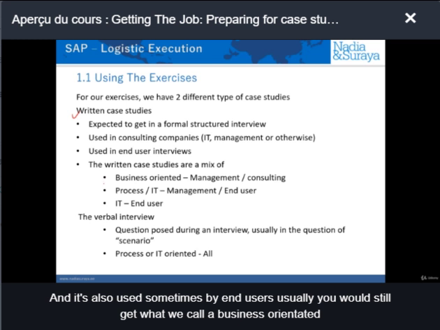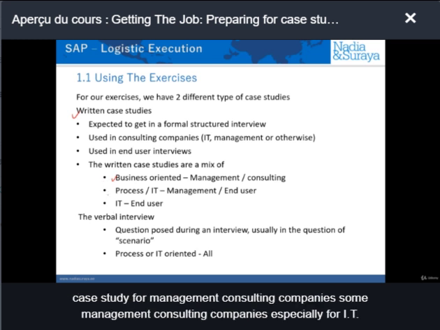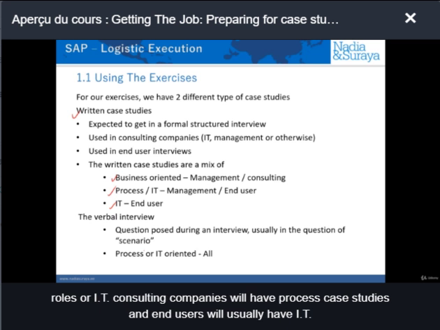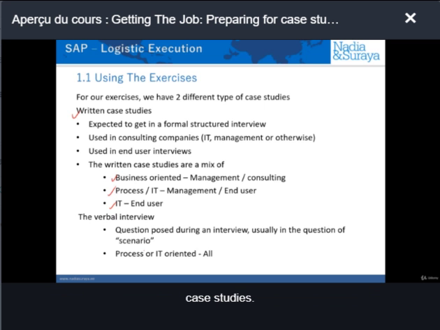Usually you would still get what we call a business orientated case study for management consulting companies. Some management consulting companies, especially for IT roles or IT consulting companies, will have process case studies, and end users will usually have IT case studies.